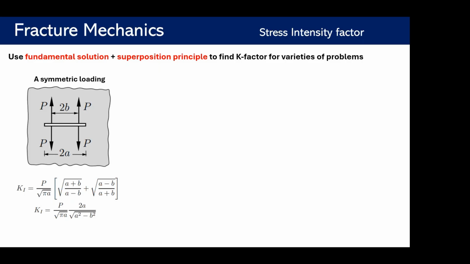So here we have two P's, one P was here, and another one on the other side, at a distance of b.